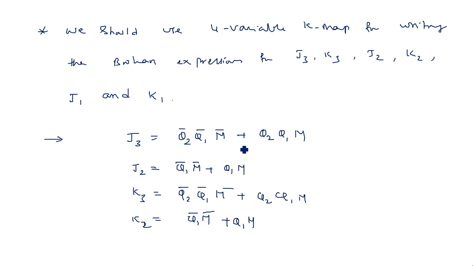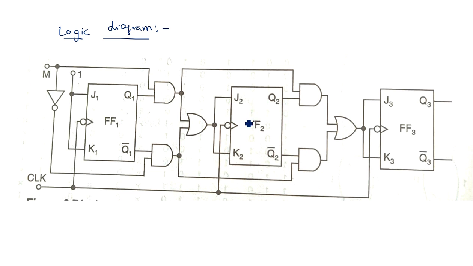Another important point here is that the J3 expression and K3 expression are common, and similarly J2 and K2 are common. That means we can short circuit J3 K3 and similarly J2 K2. That's what we have done here. So J2 K2 are short circuited and given to the output of this OR gate, and here also J3 K3 are short circuited and given to the output of this OR gate.